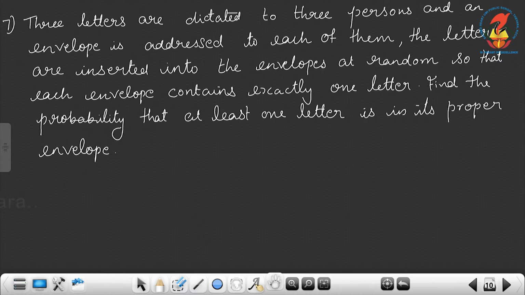The next one: 3 letters are dictated to 3 persons and an envelope is addressed to each of them. The letters are inserted into the envelopes at random so that each envelope contains exactly one letter. Find the probability that at least one letter is in its proper envelope. So there are 3 letters dictated to 3 persons and 3 envelopes also.